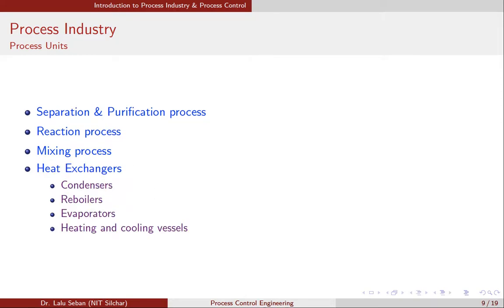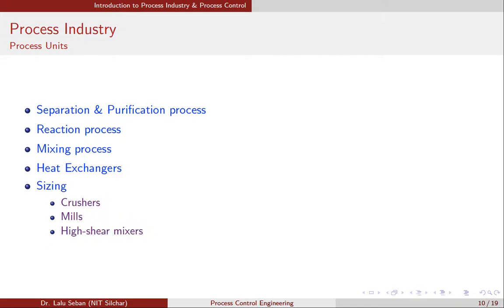Then when we come to heat exchangers in an industry, there needs to be a lot of heat transfer using equipment like condensers, reboilers, evaporators, heating and cooling vessels. Then sizing. Sizing can be to reduce the size as well as to increase the size.